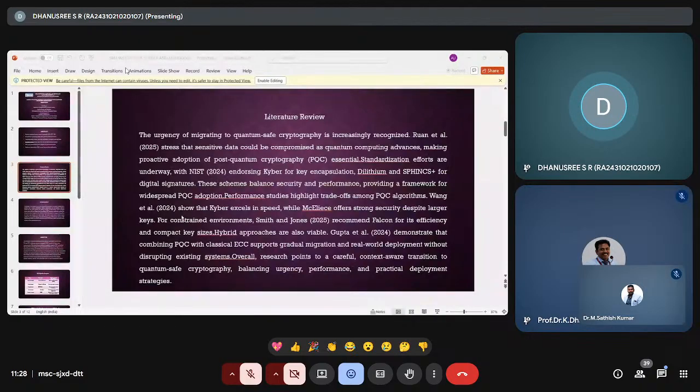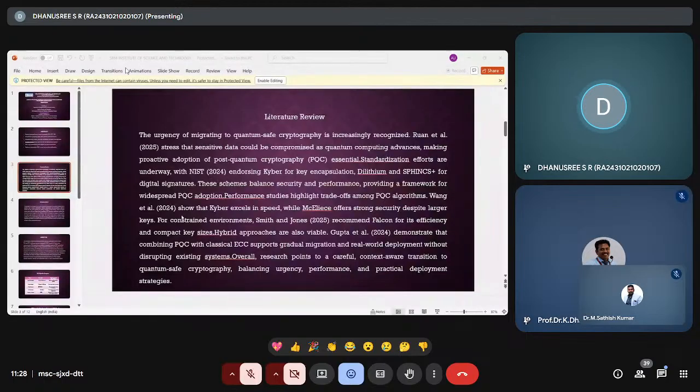NIST has already standardized a few algorithms like Kyber for key exchange and Dilithium for digital signatures. Each of them has its strength. For example, Kyber is faster and Falcon is perfect for smaller devices. Some studies even suggest a hybrid approach, combining PQC with classical systems to ensure a smooth transition.